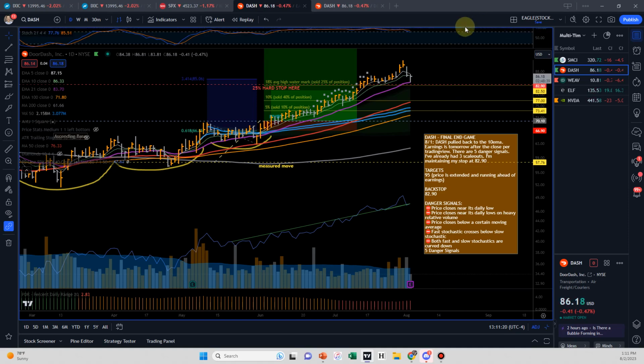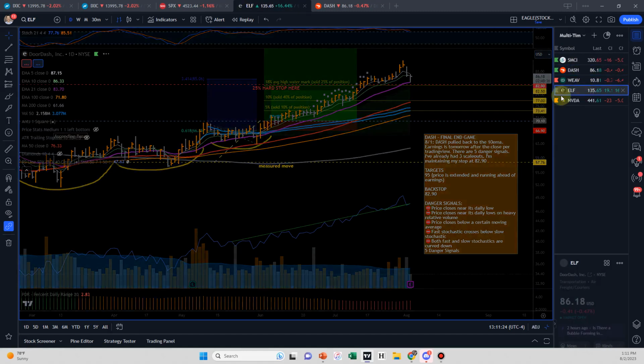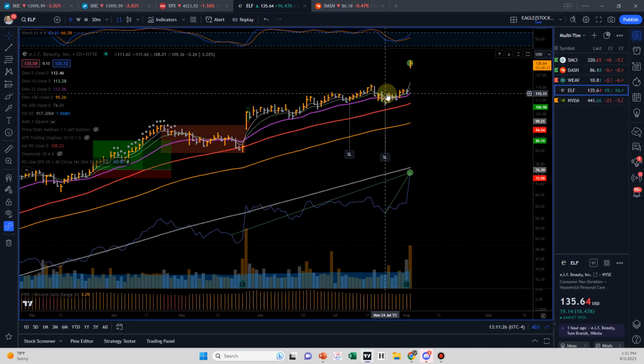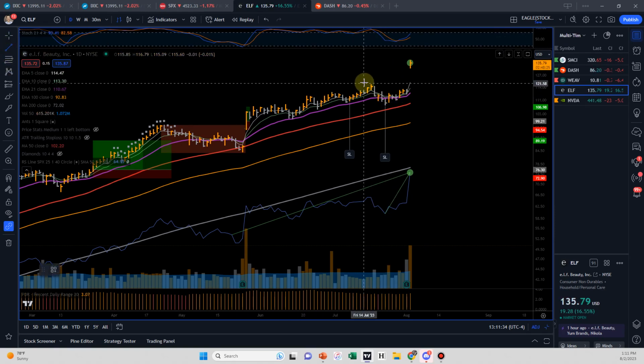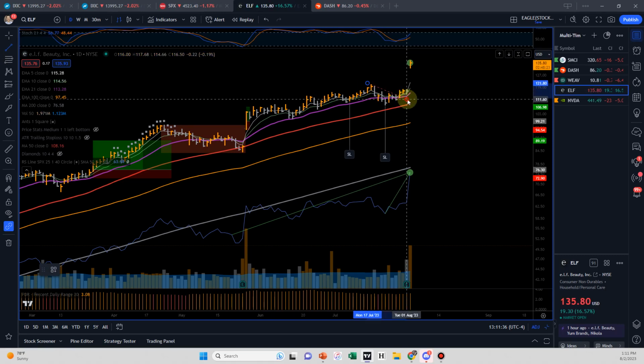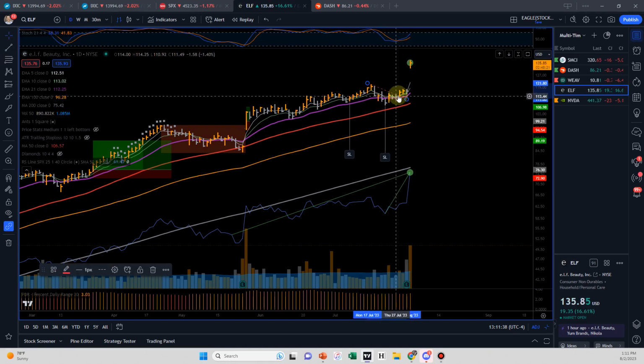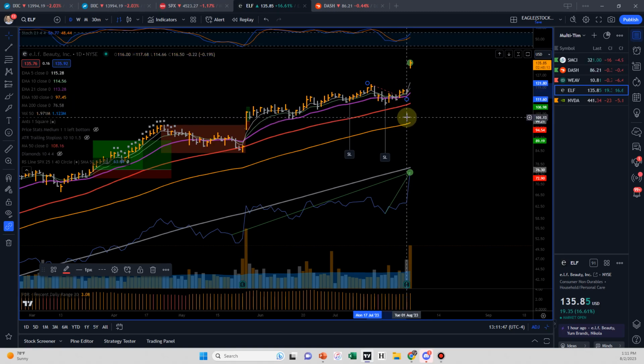Yeah, exactly. And where I'm at in a position matters. So let's just say I wanted to start a brand new position in ELF, right? And let's say I was trying to get in on this little pullback area right in here. Not a bad idea. We could do the multi-time frame analysis again and see how this would have worked out. But earnings was today.